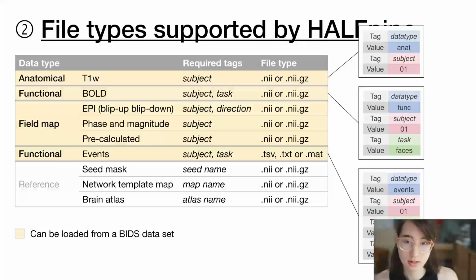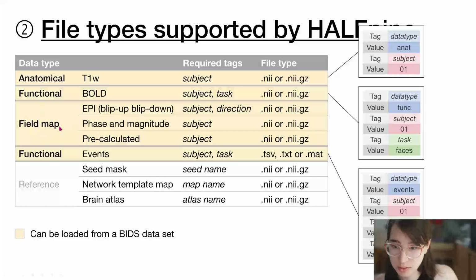So task is just a tag, so you can call them any kind of character string, it's going to work. So sometimes task rest is also a good one to use, or rest eyes open, face matching, and so on. So we're going to see this in a second.